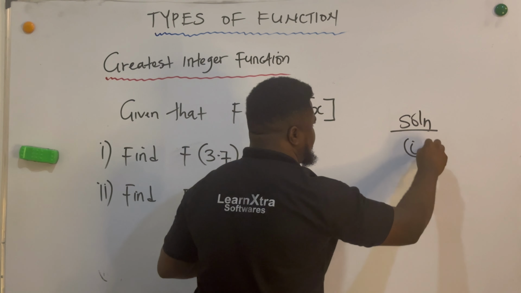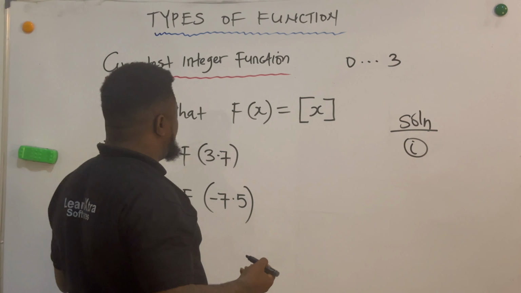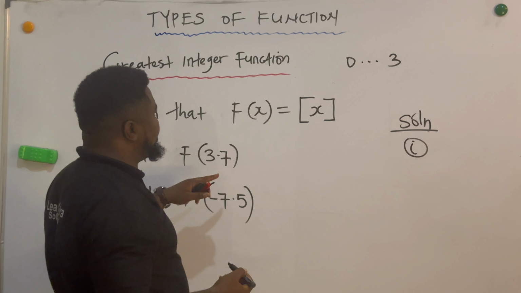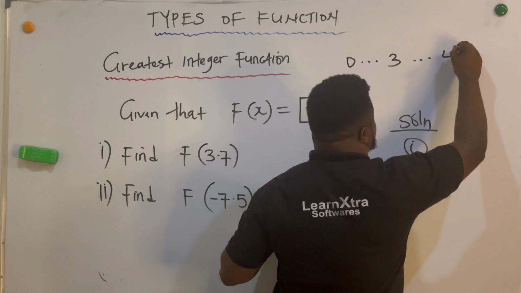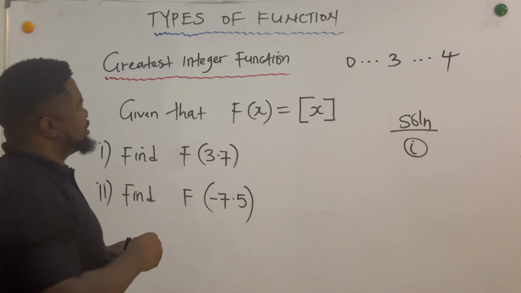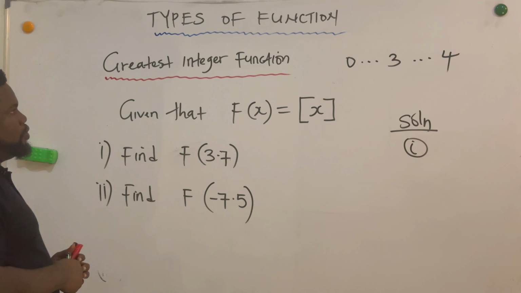Before we solve this, I want to ask you a question. I hope you know your number line. If I have 0 here and 3 is here, where will 4 be? 4 will be around here. Why am I using 3 and 4?